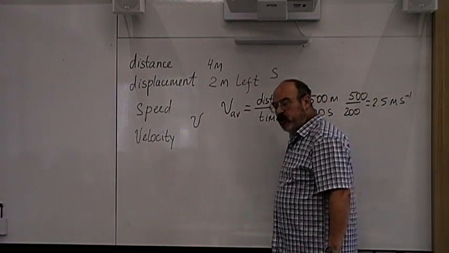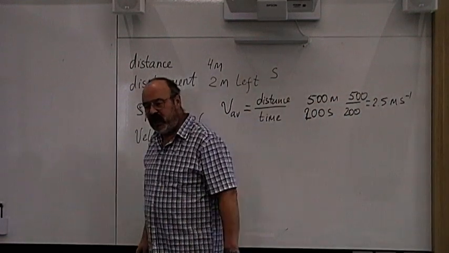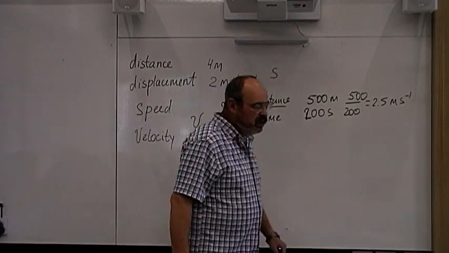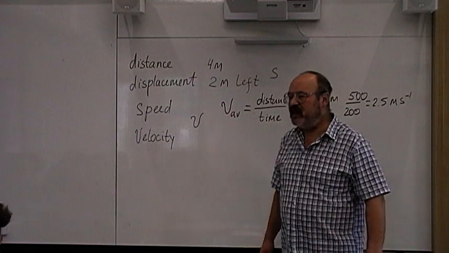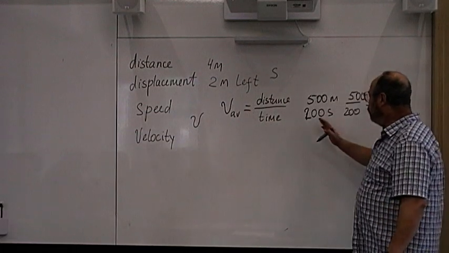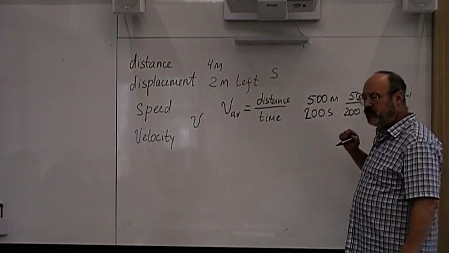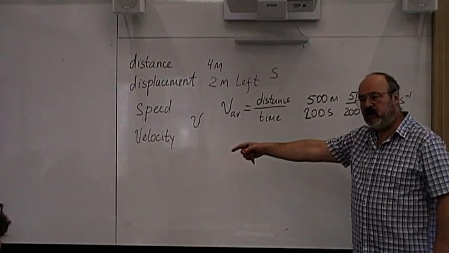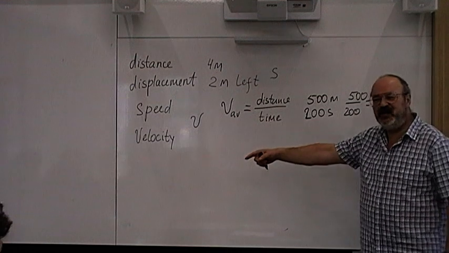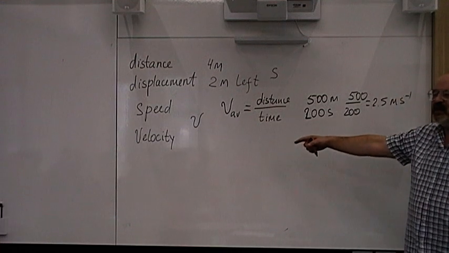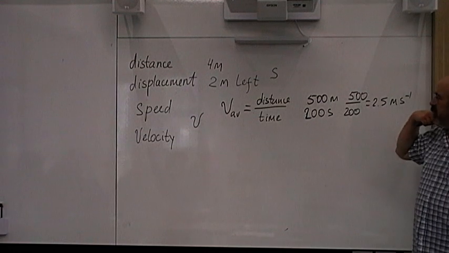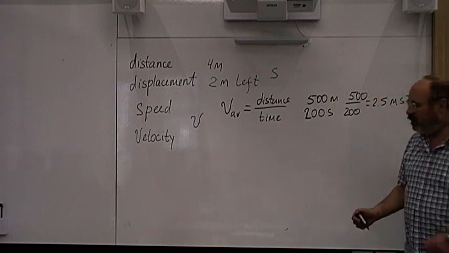And average velocity will be the same. But let's say you're returning home and you spend the same time. So you walked to school 500 meters, and you walk 500 meters back, and you spend a total of 400 seconds.